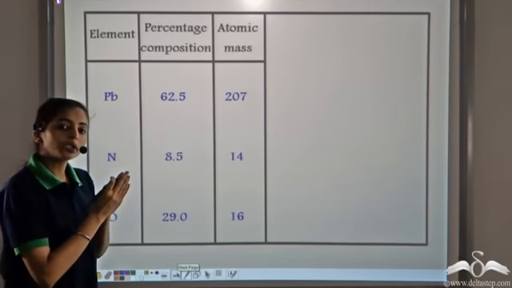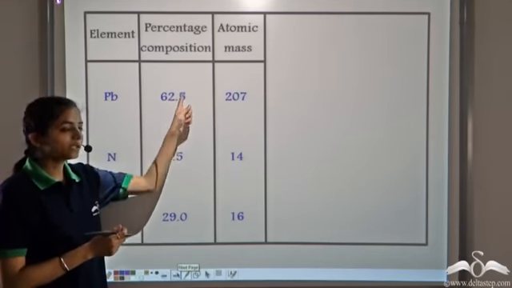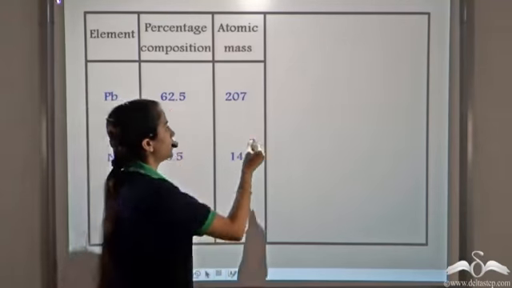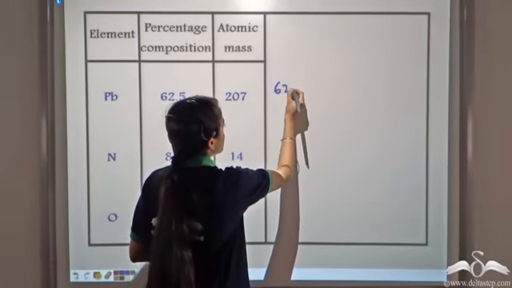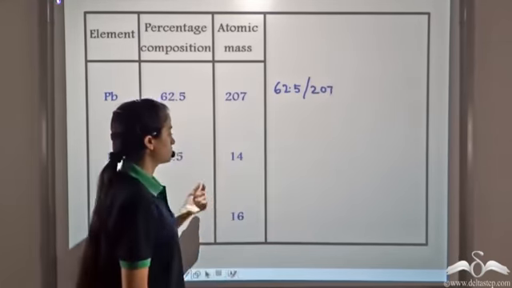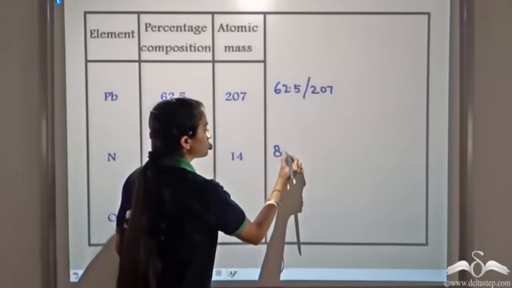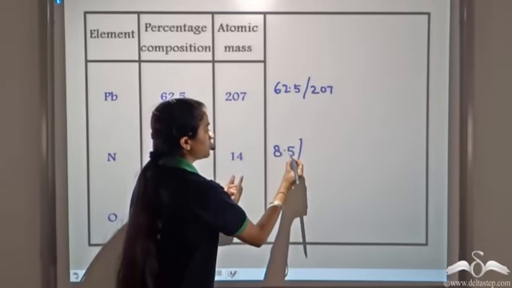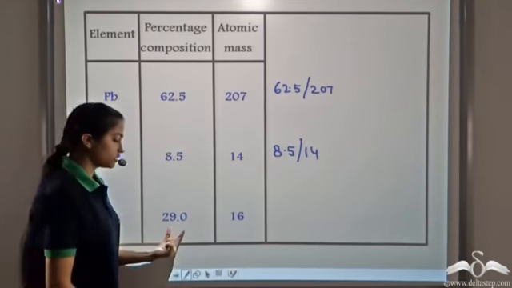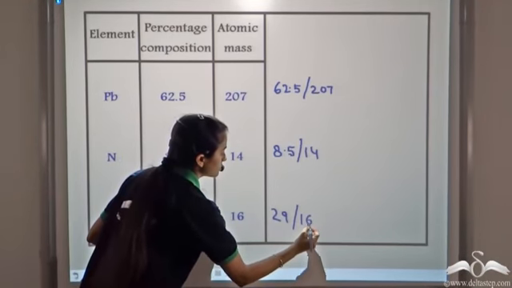Now to find the atomic ratio of each of the elements in the compound, we divide the percentage composition by the atomic mass. So for lead, we get 62.5 divided by 207. The atomic ratio of nitrogen is 8.5 divided by 14. And the atomic ratio of oxygen is 29 divided by 16.